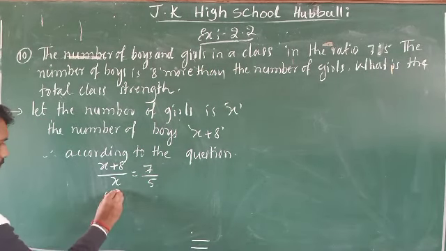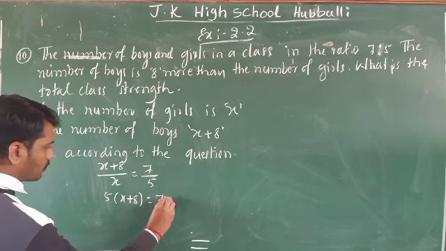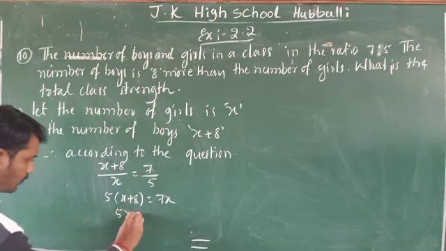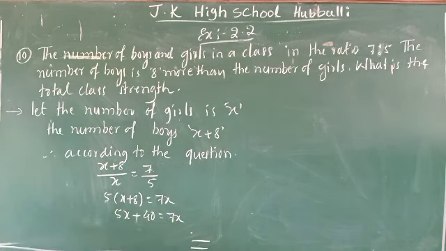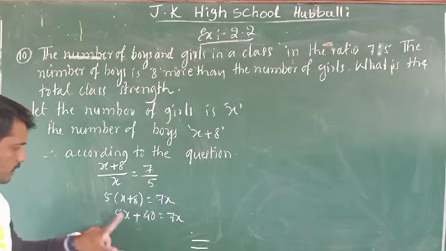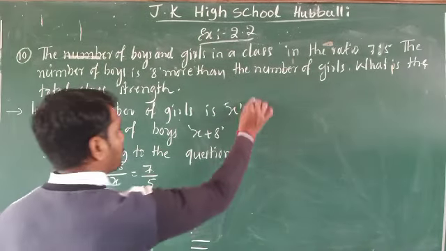Next, do the cross multiplication. 5 into x plus 8 is equal to 7 into x, 7x. 5 into x how much? 5x. 5x plus 40 is equal to 7x. So 5 into x plus 8, 5x plus 40, 7x as it is.